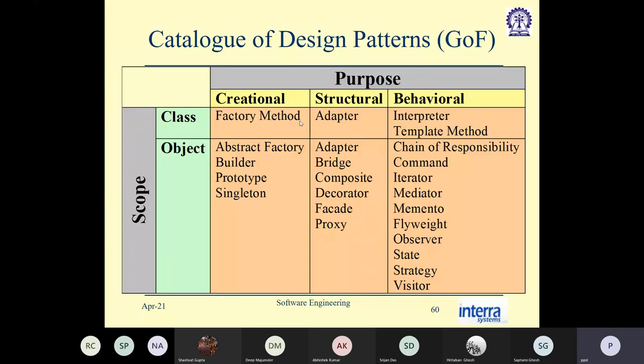We have seen that command pattern, which in C++ uses the concept of functors heavily. So these are the different kinds of purposes, and in terms of scope, we have seen that the majority of the patterns deal with properties of objects like the singleton, iterator, or command, but there are some which are concerned about the construction of the classes or the properties of the classes.